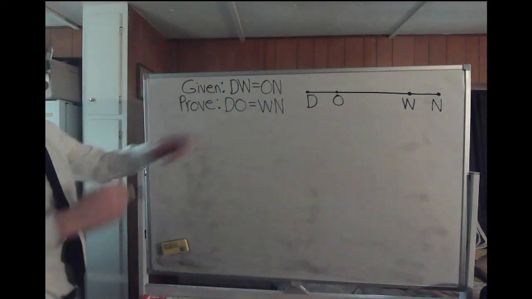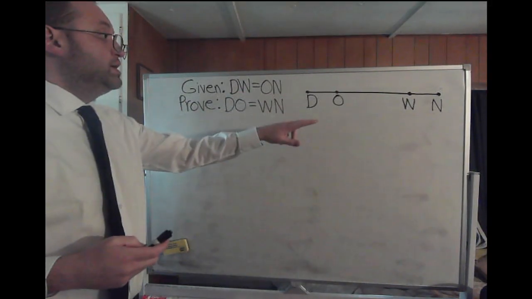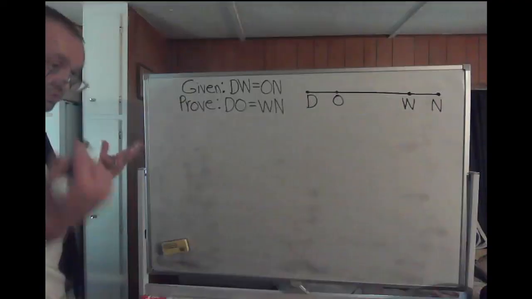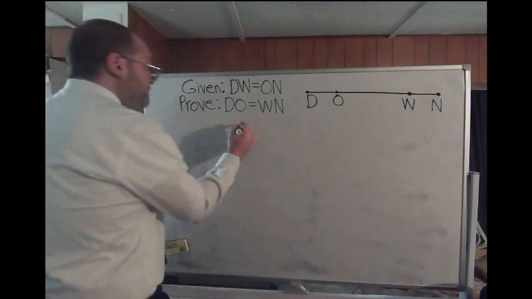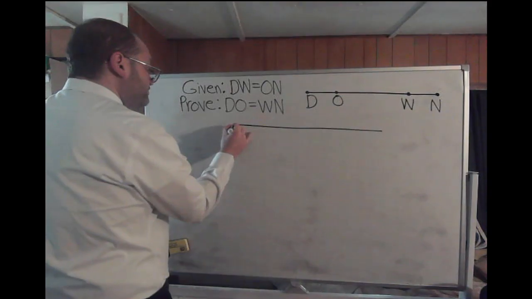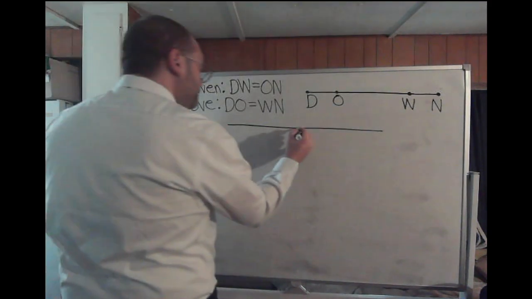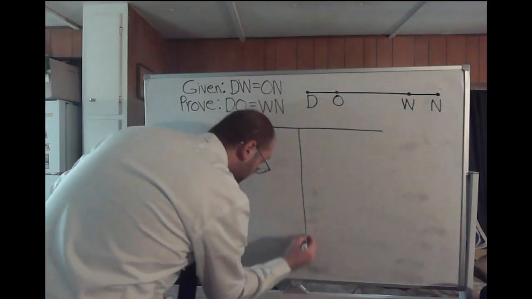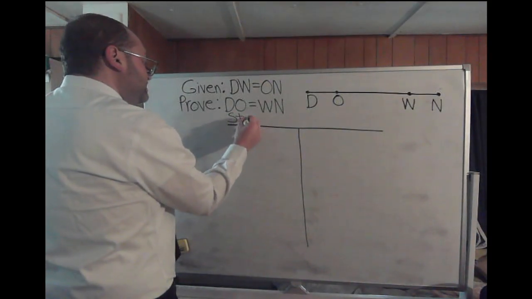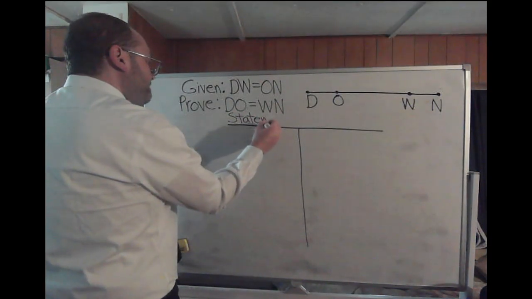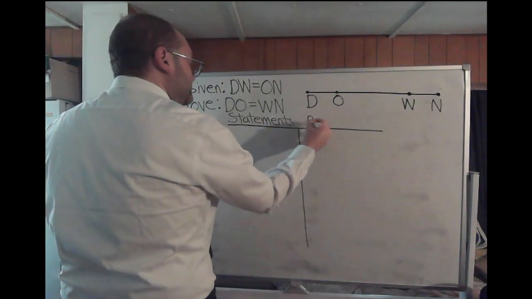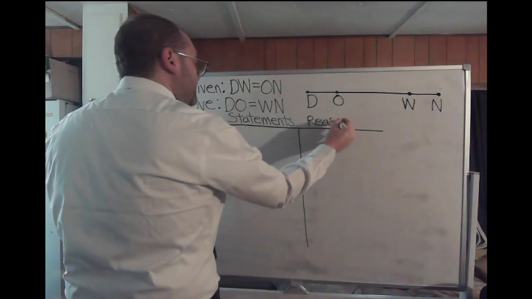So we were given that DW equals ON. We need to prove that DO equals WN. So let's get started on our proof here. Go ahead, set up your columns. This might be slightly longer. We'll have to see. So let's see. Statements on the left side. Reasons on the right-hand side.